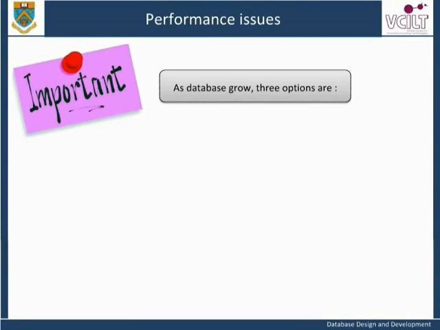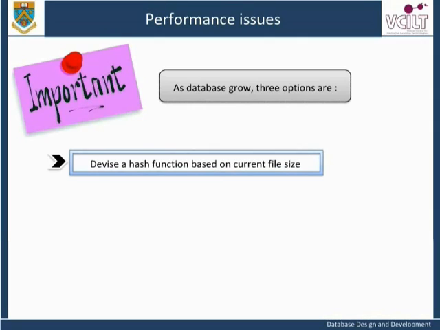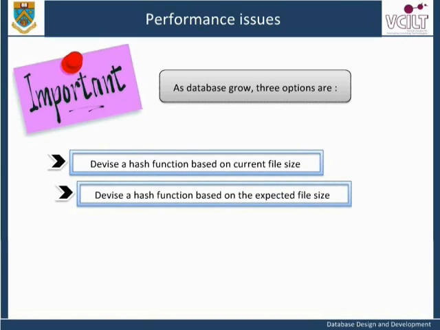As the database grows over time, we have three options. Devise a hash function based on current file size. Performance degradation will occur as the file grows, because the number of buckets will appear to be too small. Devise a hash function based on the expected file size.